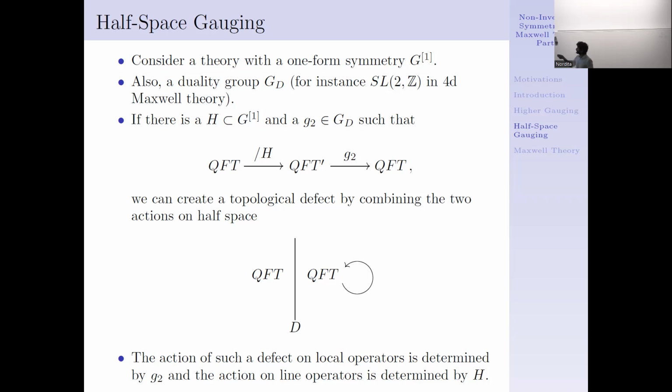And basically, this procedure is the analog of T-duality in 2 dimensions, where we can turn duality transformations like S-duality into a symmetry. Okay, so let's finally talk about Maxwell theory.